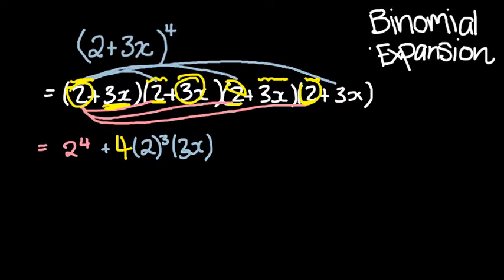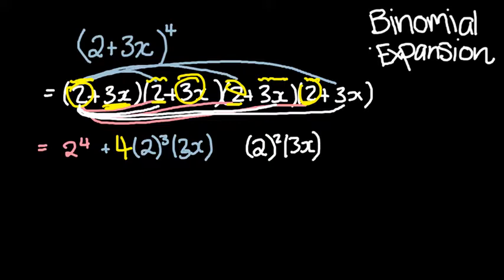What about if I go for the next thing that I could do? So I could take a 2 and times it by a 2. But then if I times by another 2, I've already counted all of those. So I could times by a 3x and another 3x. So that gives me 2 times by 2 and 3x times by 3x, all multiplied together.